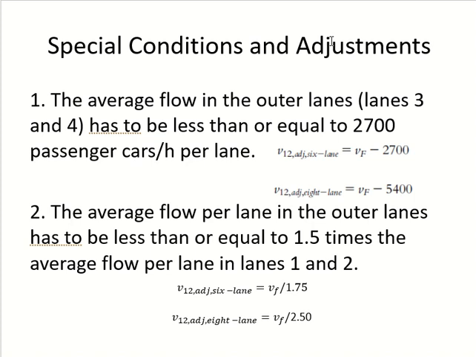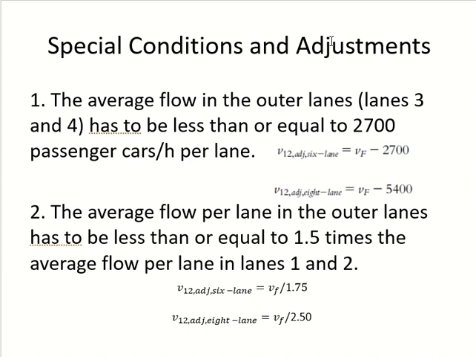So if it is 1000 and we have one outer lane, how much per lane? 1000 in the outer lane. Total was 4000, 3000 in the two inner lanes, 1000 left, right?